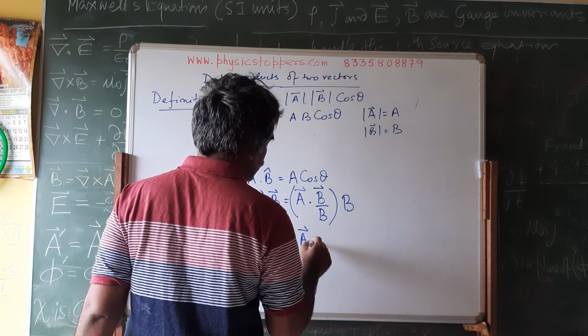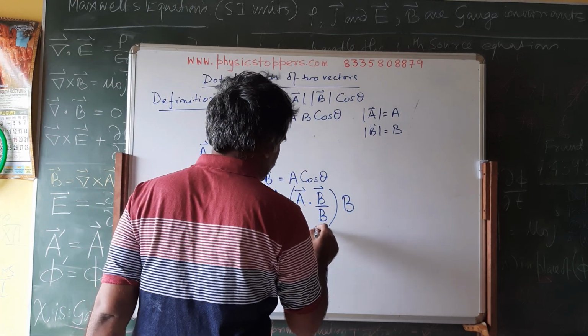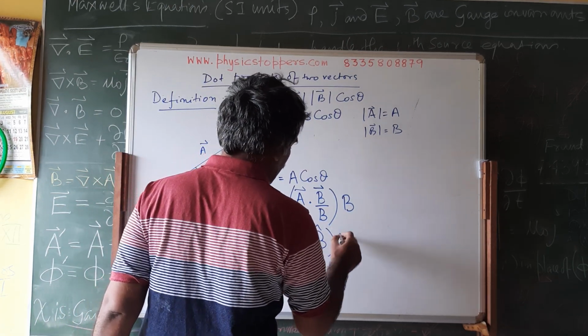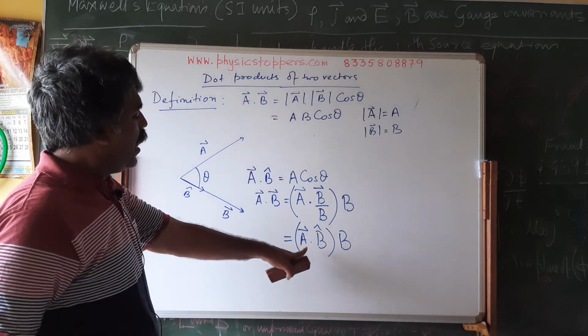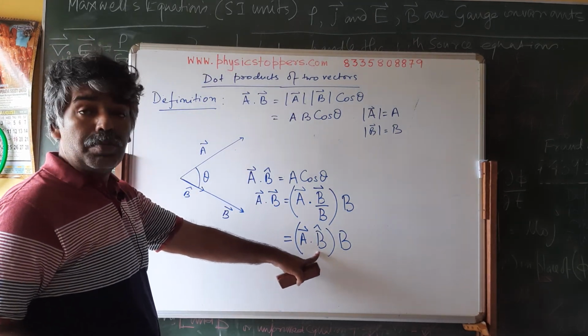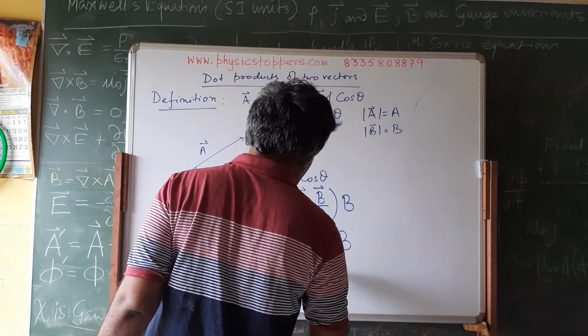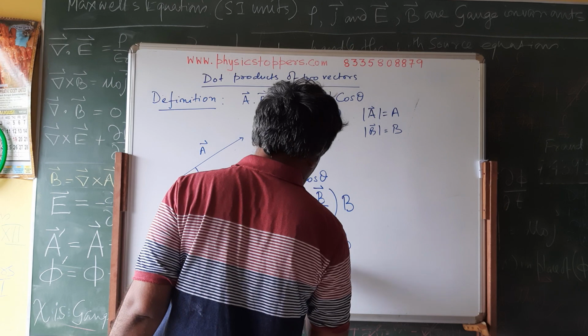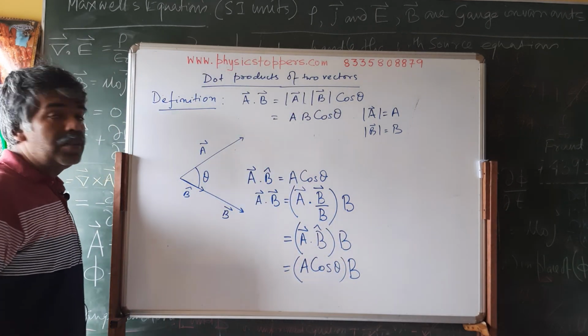A vector dot B cap times B. So A vector dot B cap is A cos theta, times B. Now what is the geometrical significance?